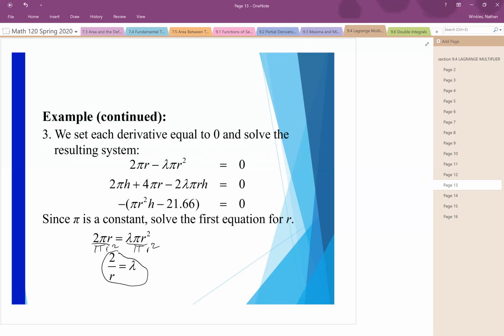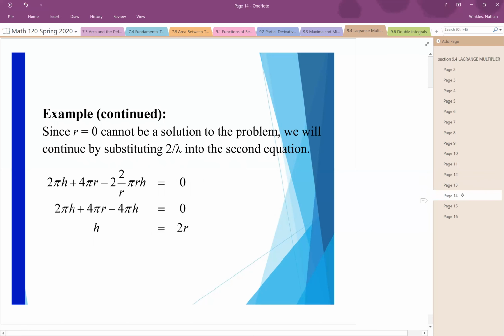By substituting this into the second, since r equal to 0 cannot be a solution to the problem, we will continue, because if r equals 0 was a solution, we would have division by 0 in that last piece, and we couldn't have done that.